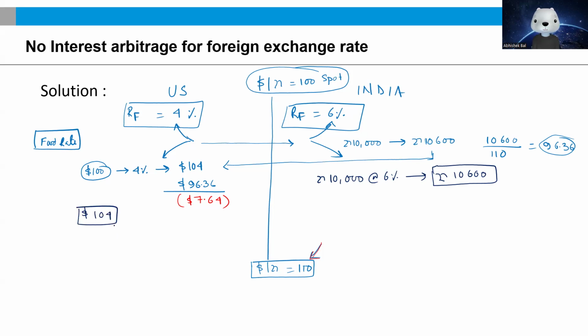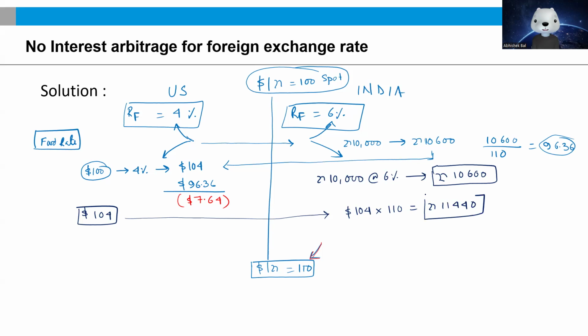Now comes the big part. And the big part is that 1 year down the line, since I'll have to repatriate this back to India, I will have to convert this into the Indian domestic currency. And at that particular prevailing rate of exchange, which happens to be 110, the yield in Indian currency of $104 is exactly equal to 11,440 rupees.